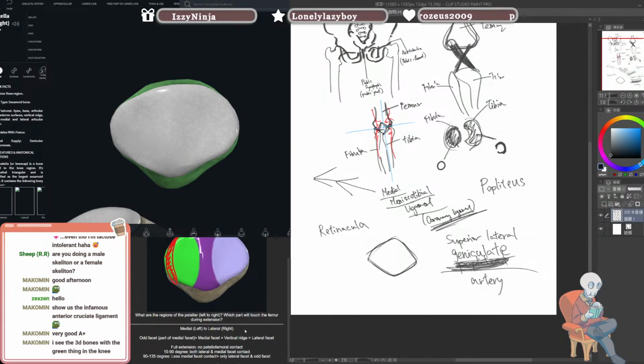Let's see. Facet. Divide it. Color. This is the odd facet. Very odd.